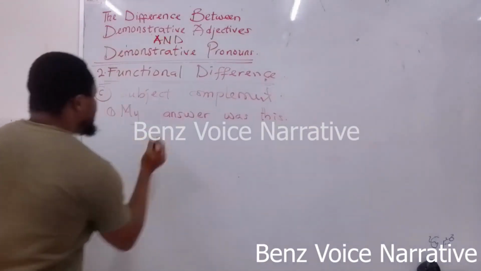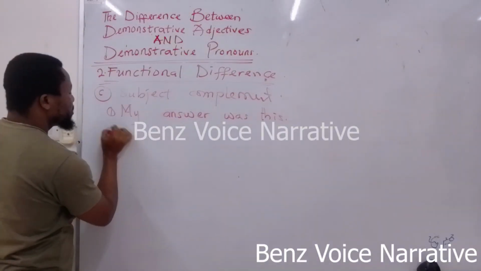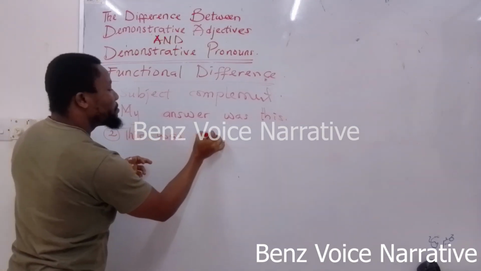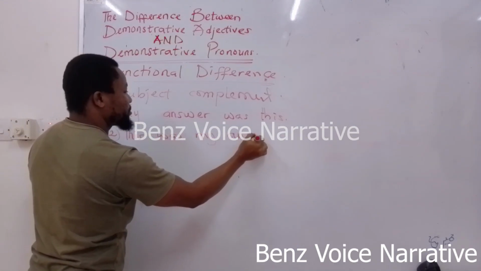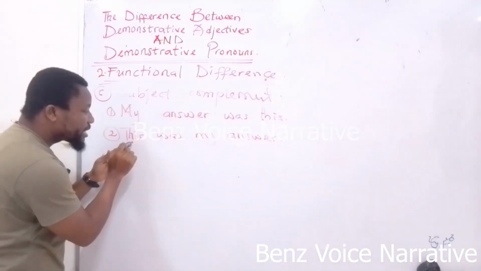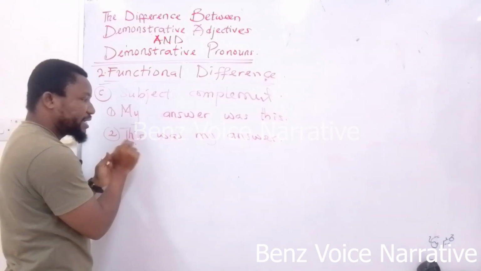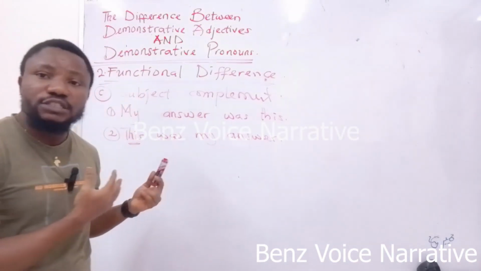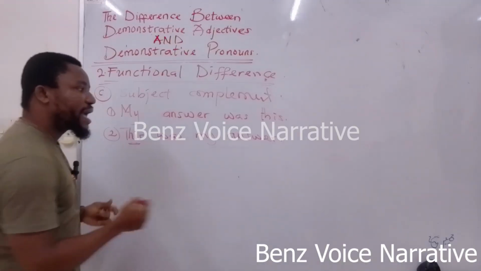For example, if you say, this was my answer. This was my answer. In number 2 here, this is the subject of the sentence because it is what the sentence is talking about. What was my answer?